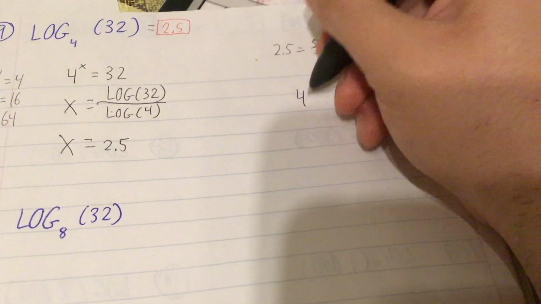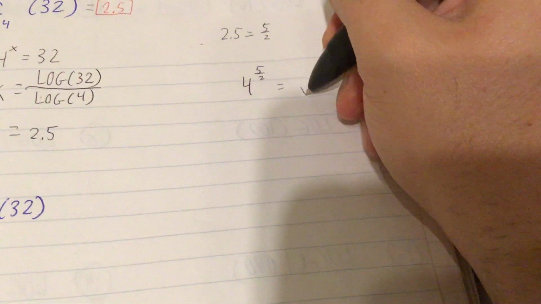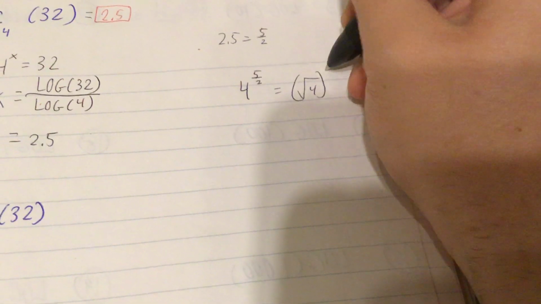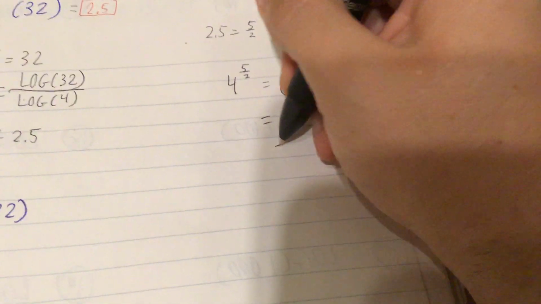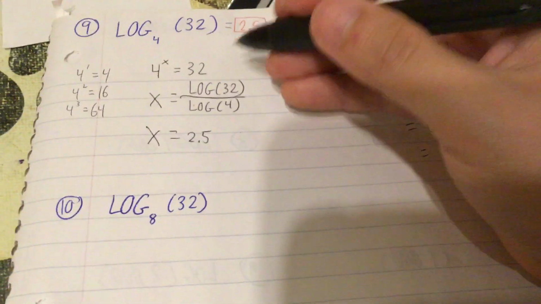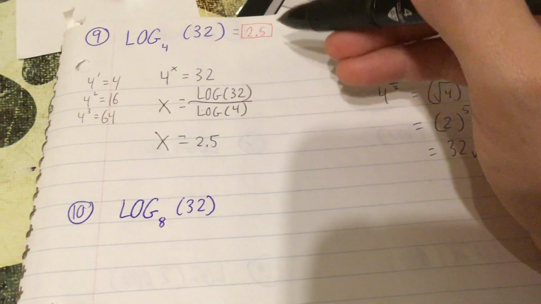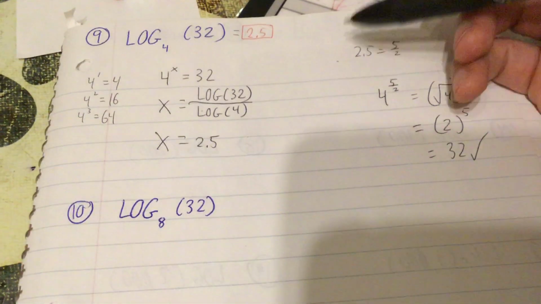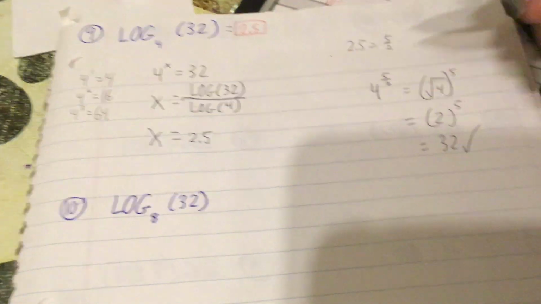So if I take 4 to the 5 halves power, that's square rooting the 4 and then 5th power. So that's 2 to the 5th power, or 32. So it checks out. But if it confuses you, you can always write it as a decimal. That's fine by me. Okay? I'm not gonna get mad if you're on team decimal or team fraction.